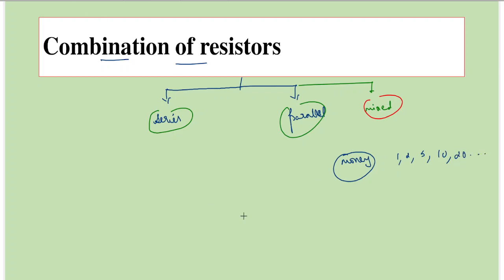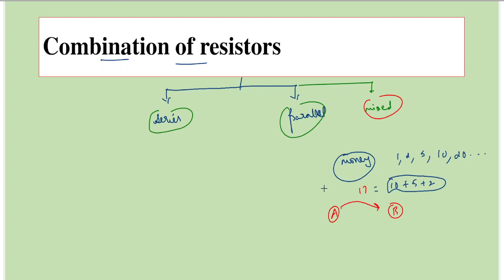Now suppose a person A wants to give a person B 17 rupees. The government cannot print all possible currencies. So this 17 rupees can be given as a 10 rupees plus a 5 rupees plus a 2 rupees combination. So by arranging money in different denominations, we can get the desired value.